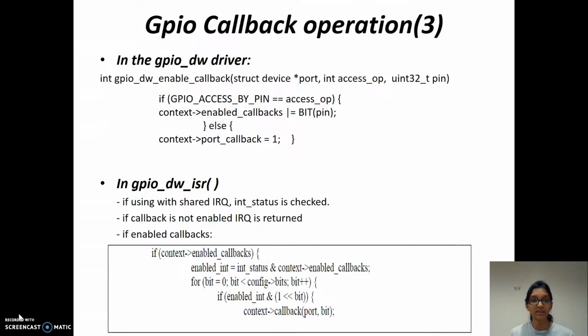On an interrupt, the interrupt handler is executed. In the GPIO DW ISR, the interrupt status is checked, and if the callback is enabled, it invokes all the callback operations for the particular pins.